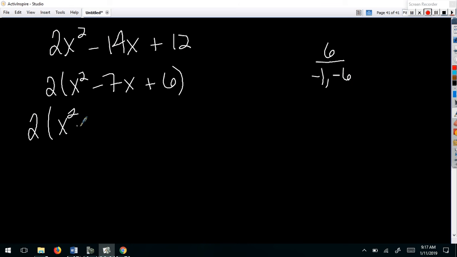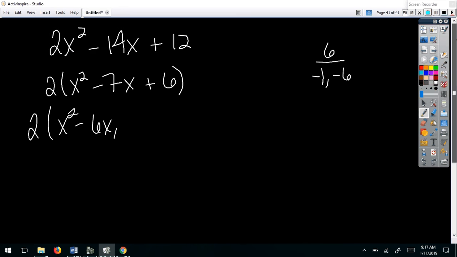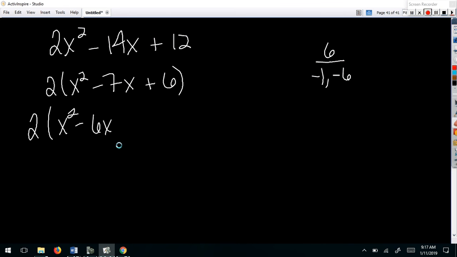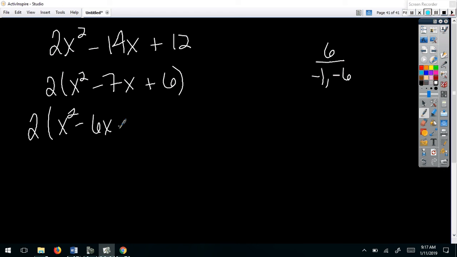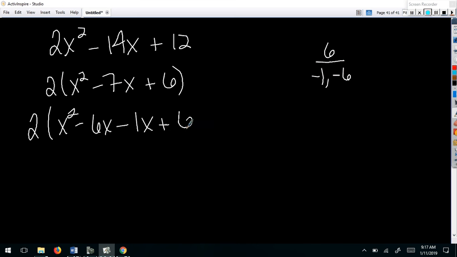I'm rewriting -7x as -6x minus 1x plus 6. It doesn't matter which one goes where.